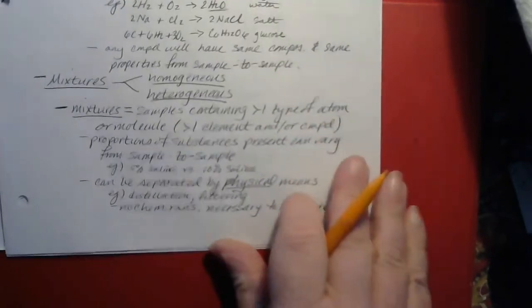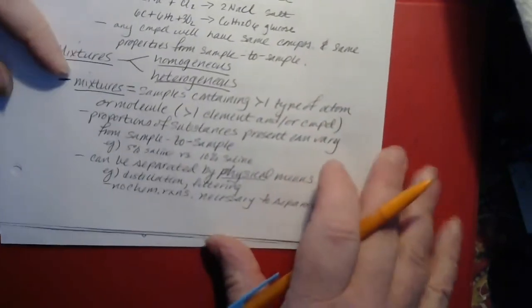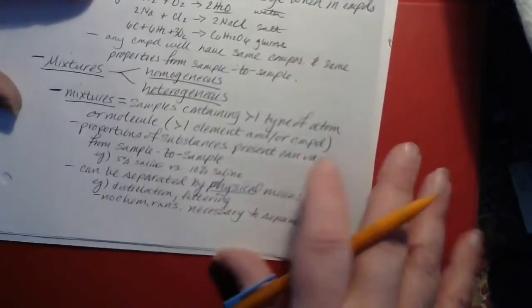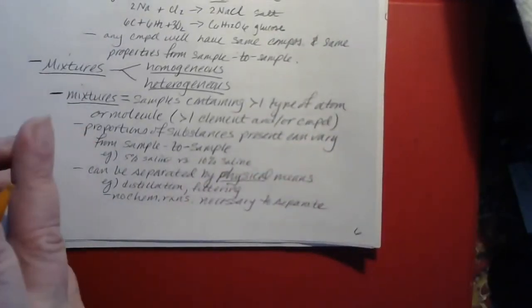Now, as opposed to pure substances, we have impure substances, or in other words, mixtures. It is possible for you to take different elements or compounds and put them together in the same container so that they kind of coexist in the presence of each other without being chemically bonded to each other. So if you chemically bond atoms together, you're forming a compound.